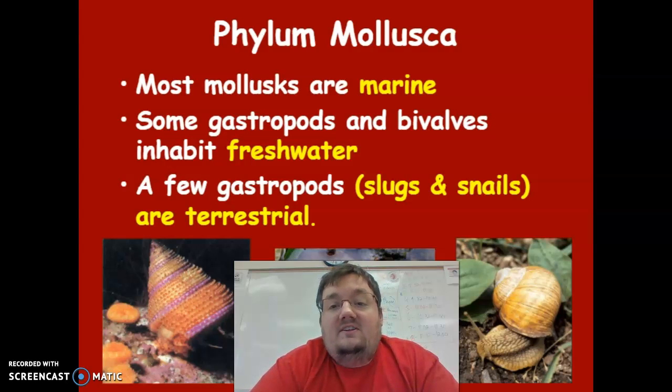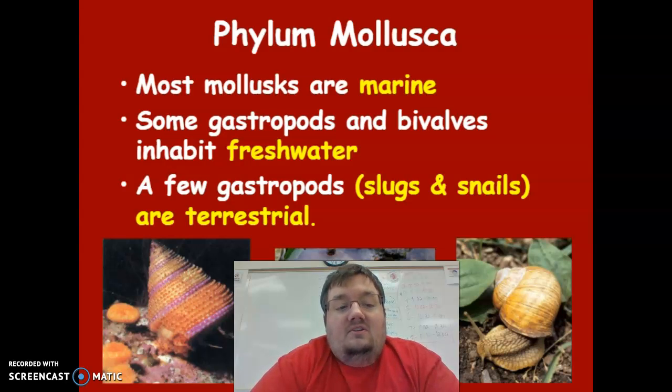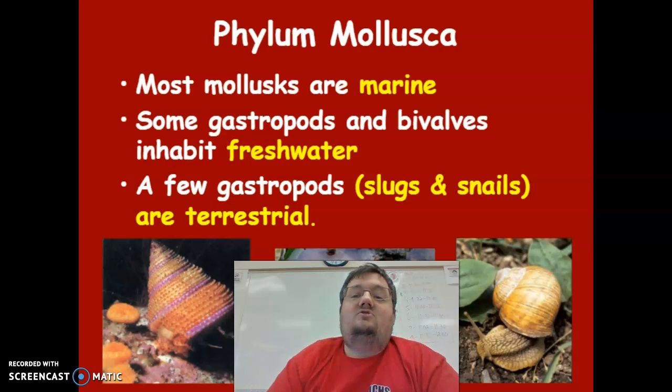But the vast majority of these organisms are going to live in the ocean. There's some slugs and snails and clams and mussels and such that live in fresh water. And then there's also some gastropods that are terrestrial, so slugs and snails. When we talk about some of the other classes of mollusks, no one else besides the gastropods are terrestrial. That's something that's unique to slugs and snails.